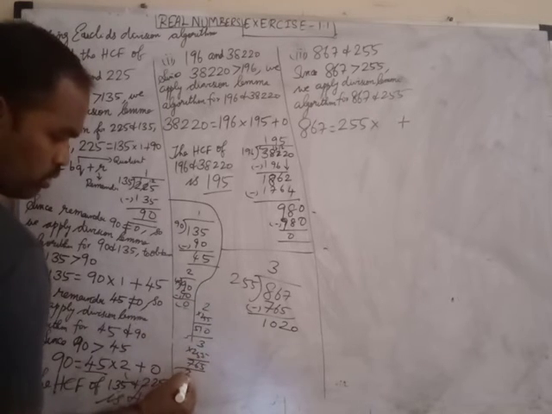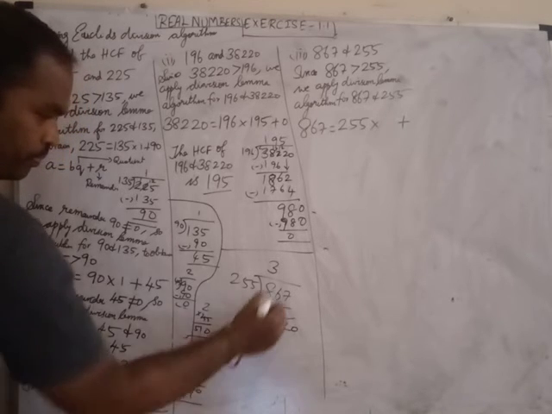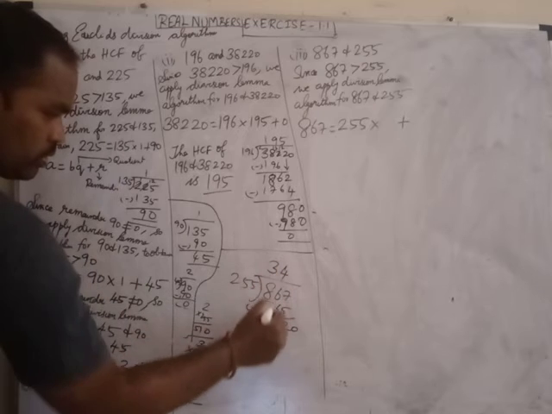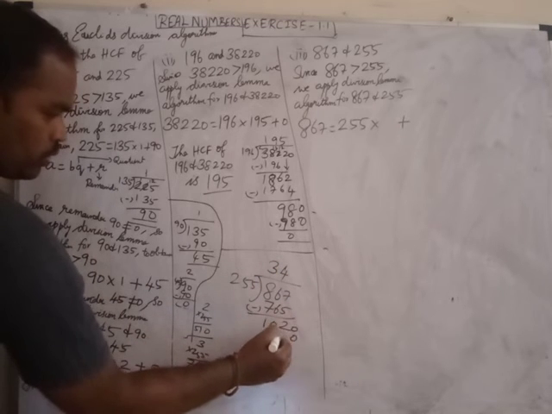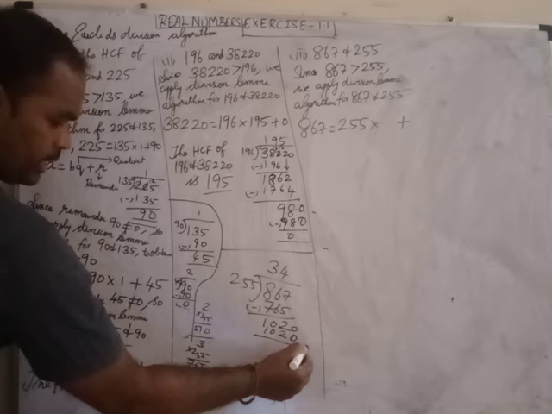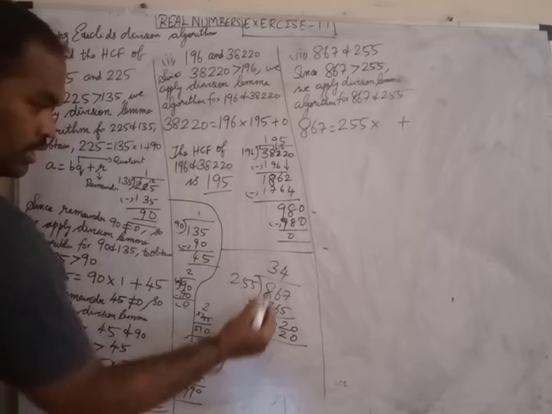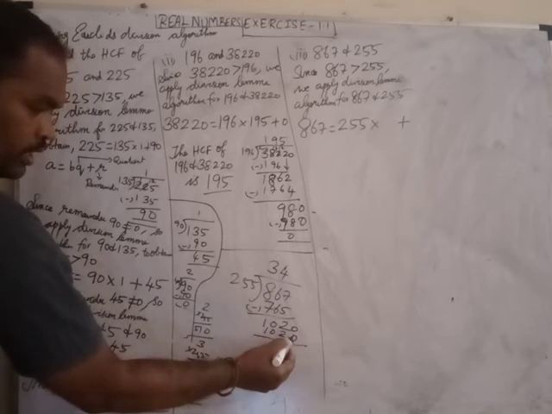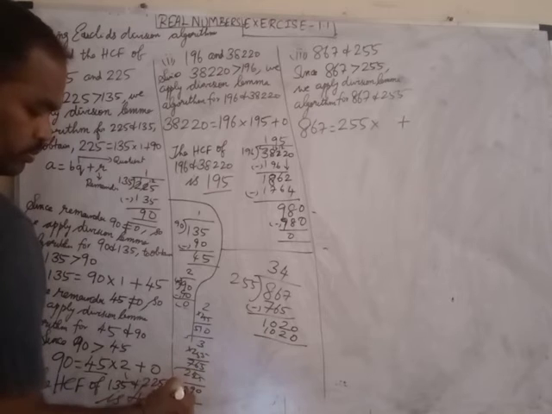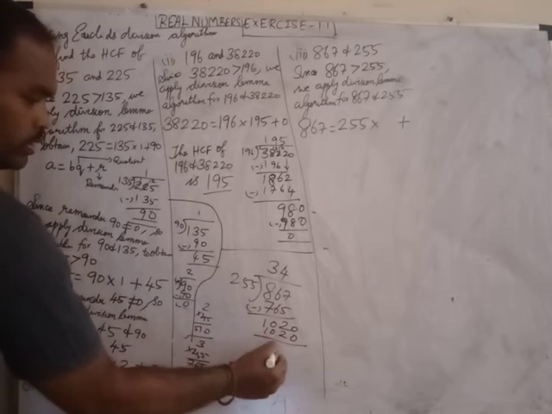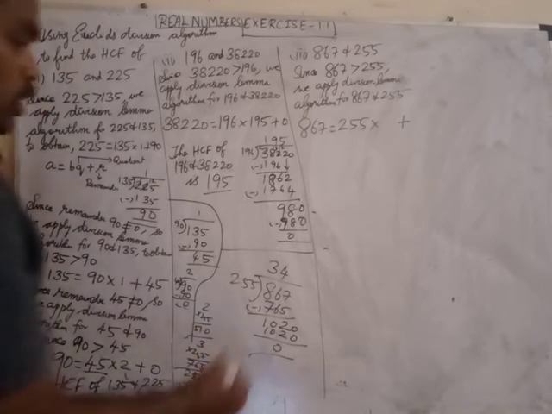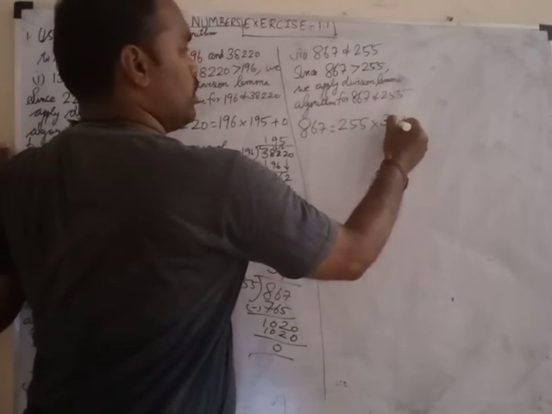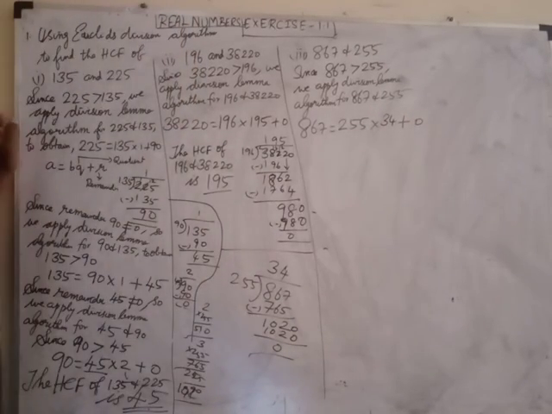4 into 255. 4 into 5, 20. So 0. Correct? 255 into 34 plus 0. Correct?